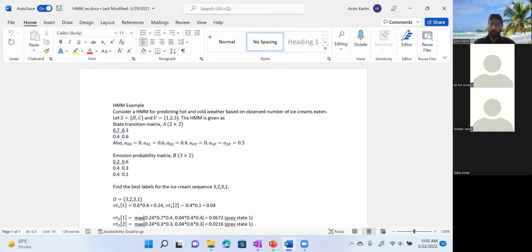So now we are filling the second column, first cell.